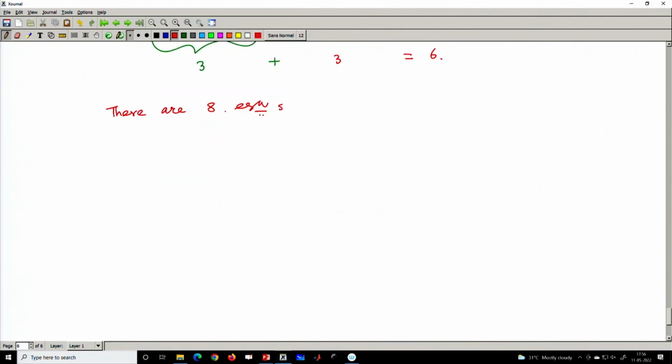So, among 8, I should write there are 2 scalar equations, these 2 scalar equations are this and this.